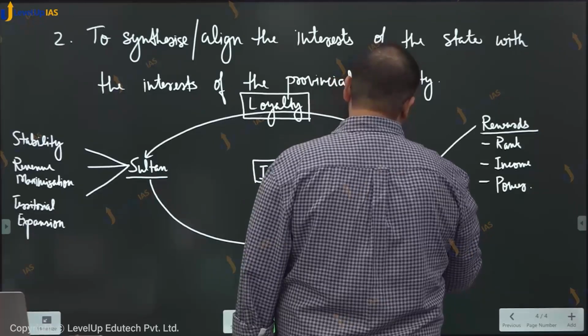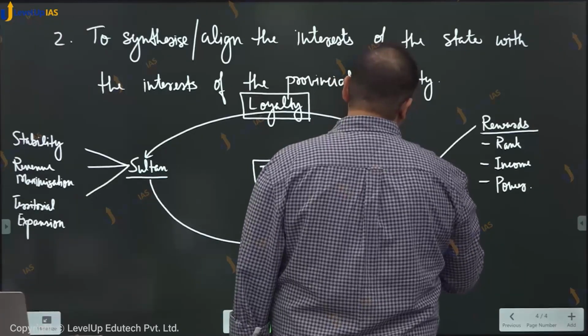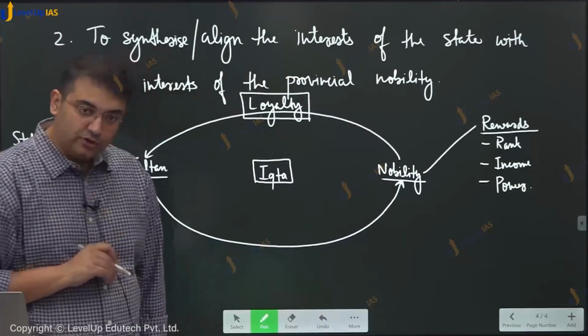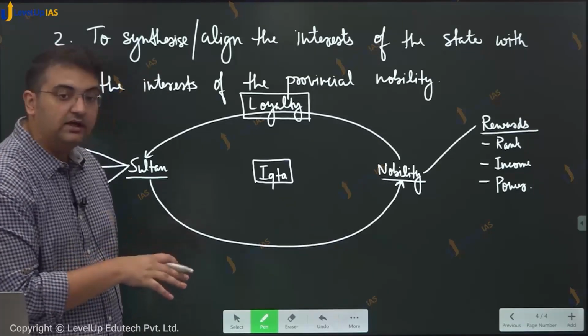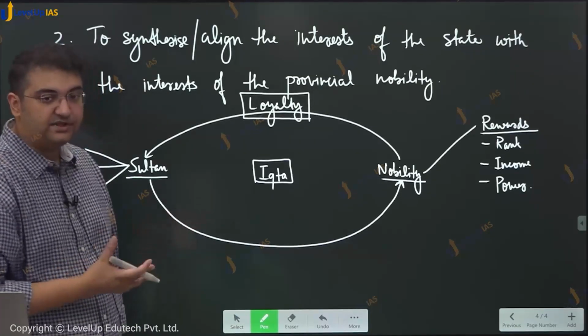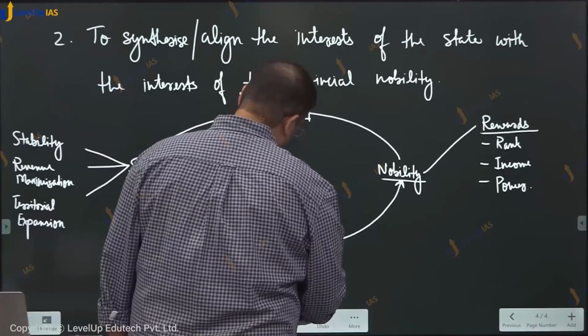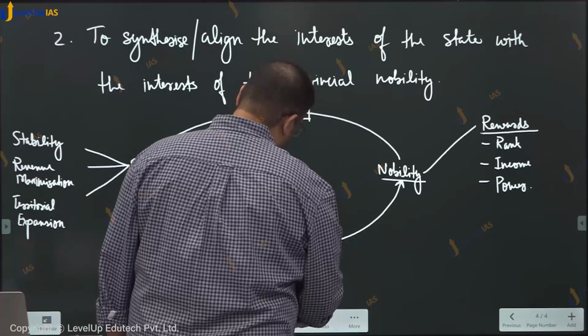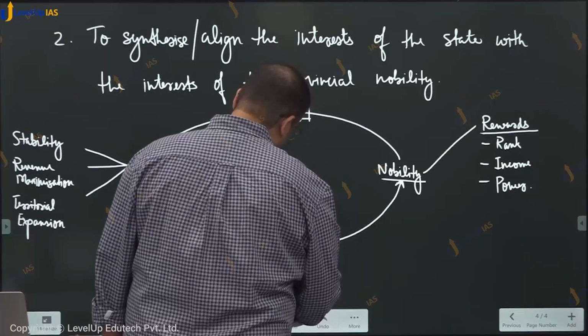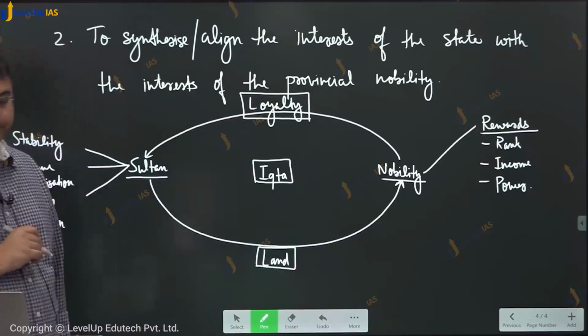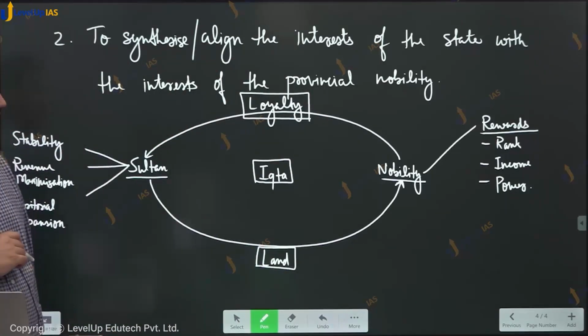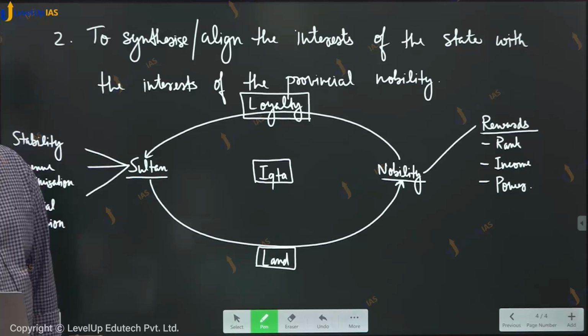So the Sultan, who had complete control over the distribution of the Iqta system, could satisfy the ambitions of the nobility by giving them more land. Is this clear? So this was the second objective of the Iqta system.